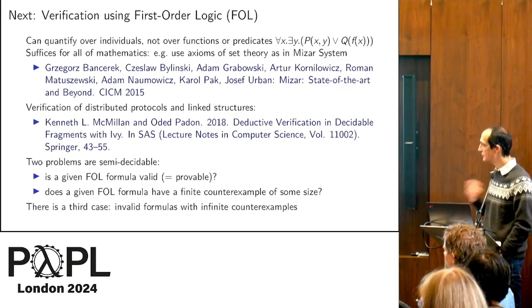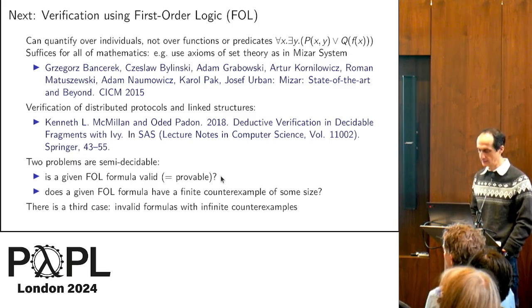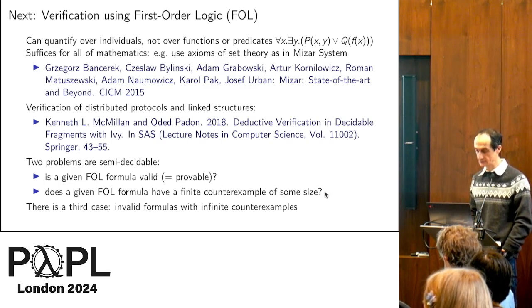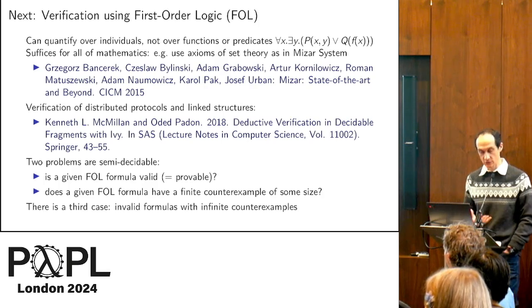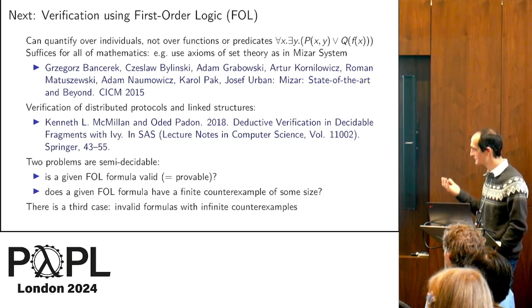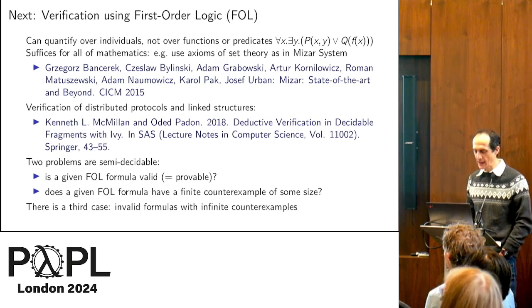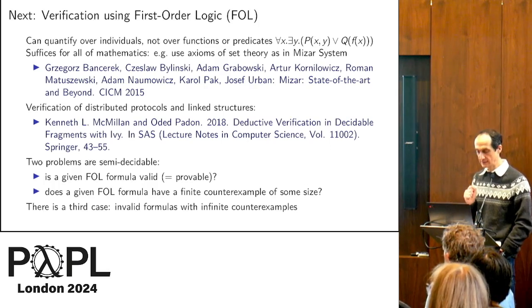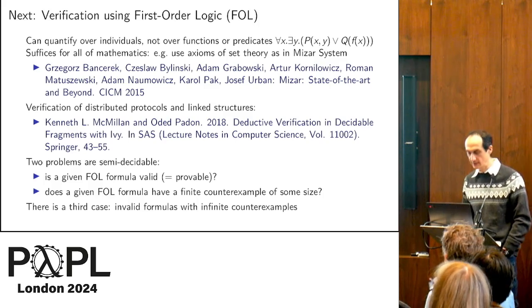And so we could enumerate proofs to answer the first question. We can enumerate increasingly large finite counterexamples to answer the second question. But unfortunately, there's a third case, and that's why the problem is not decidable, only semi-decidable. And these missing cases are all formulas that are not valid, but their counterexamples are infinite.